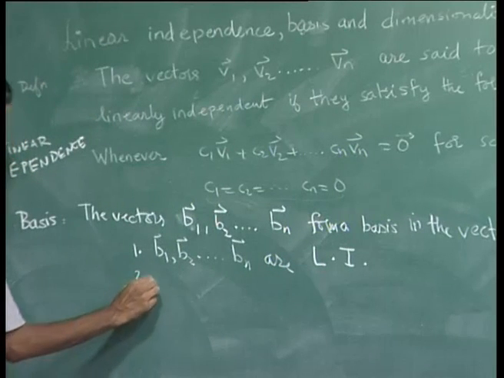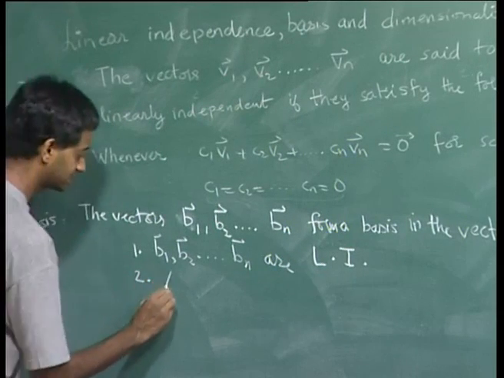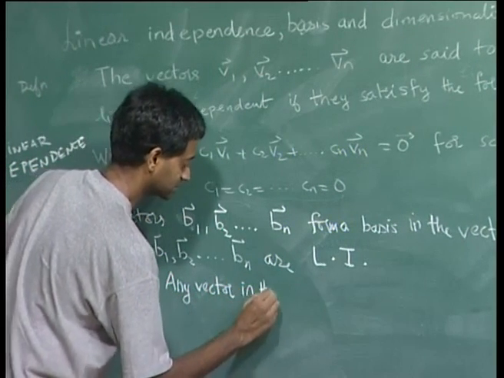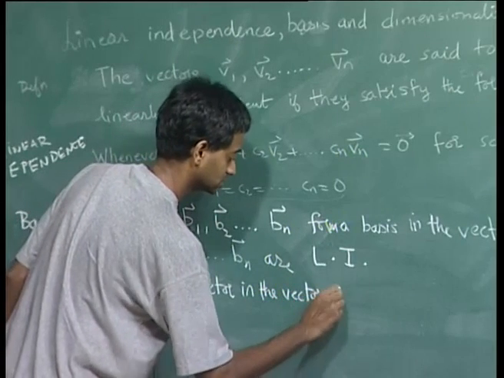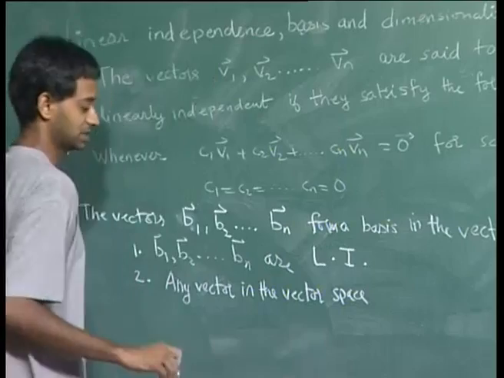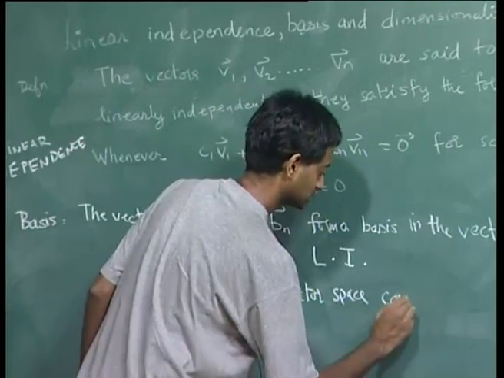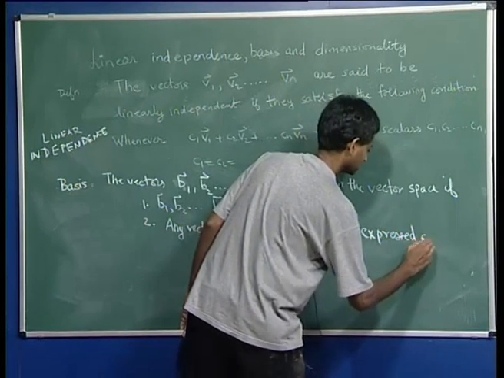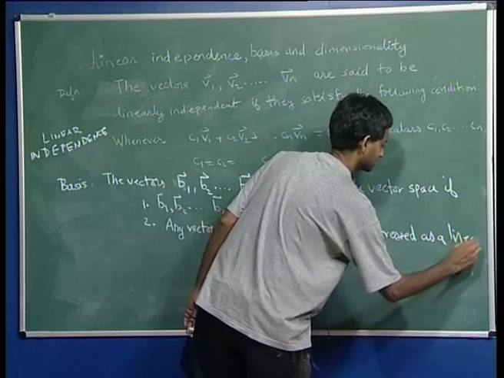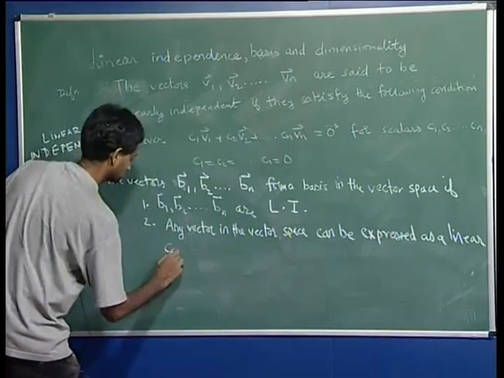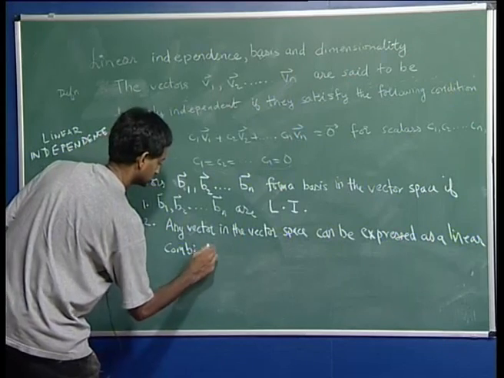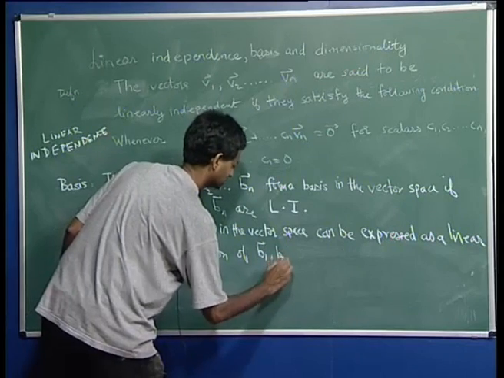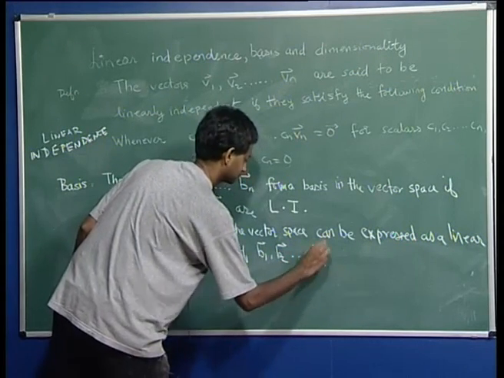The second condition is that any vector in the vector space can be expressed as a linear combination of b1, b2 to bn.